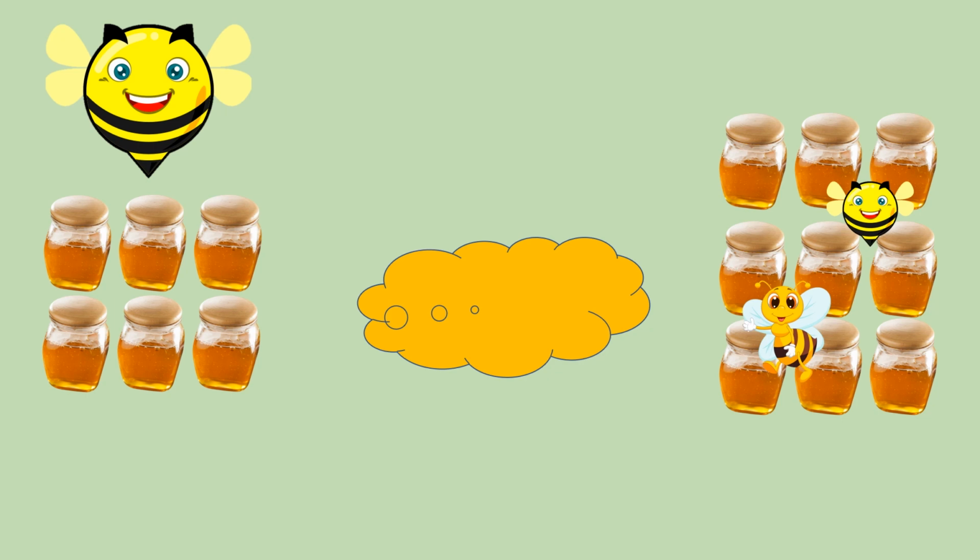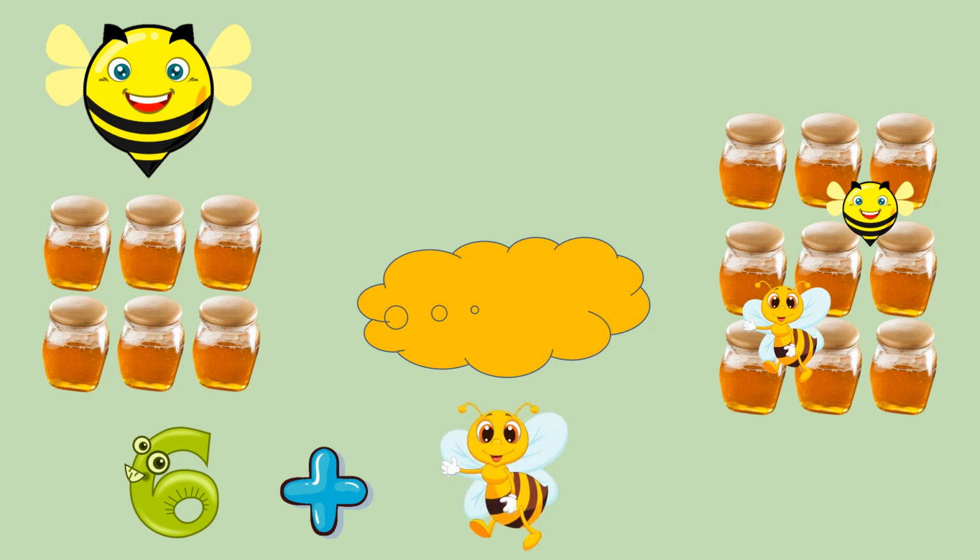But instead of all this checking, and in order to know the number of jars produced by Mrs. B, we just add up 6 jars produced by the first bee and the number of jars produced by Mrs. B in order to get 9 honey jars.